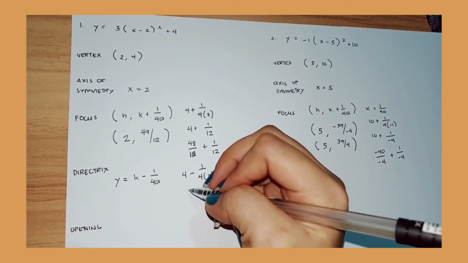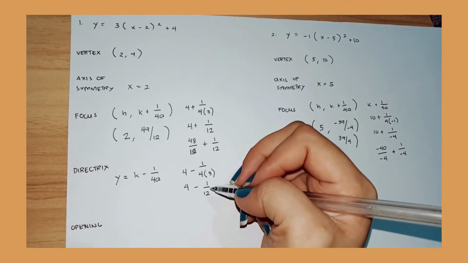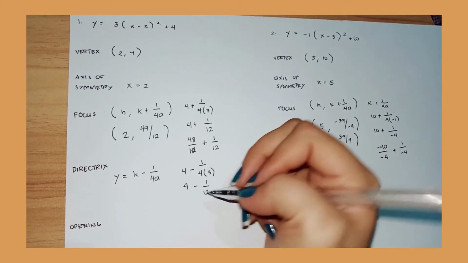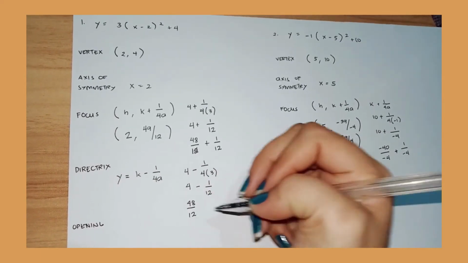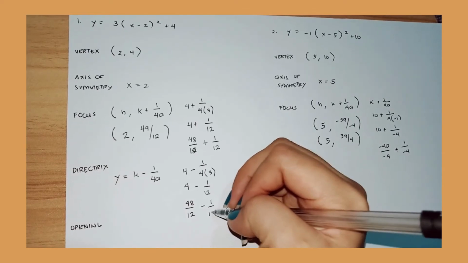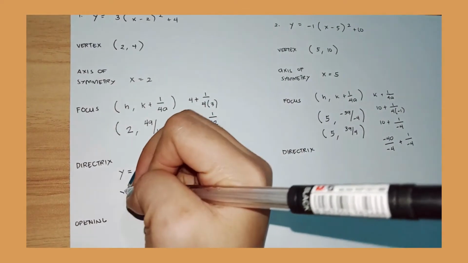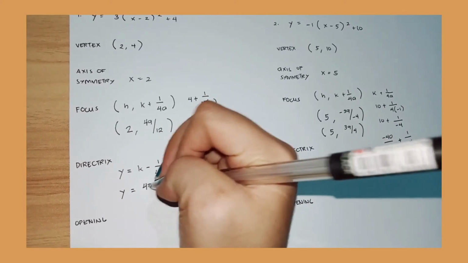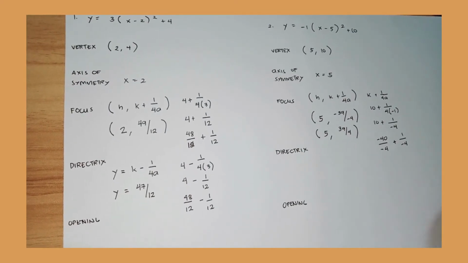Then simplify, 4 minus 1 over 12. Katulad nung ginawa natin kanina, 4 times 12, that is 48 over 12 minus 1 over 12. So, 48 minus 1, that is 47 over 12. That would be the directrix.